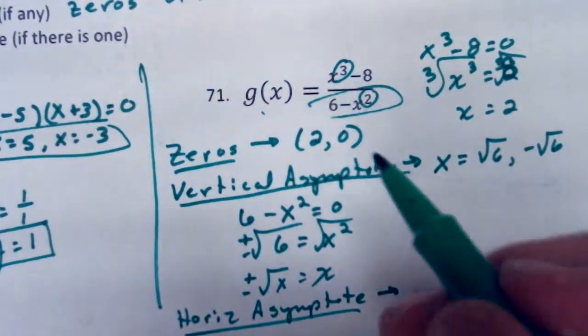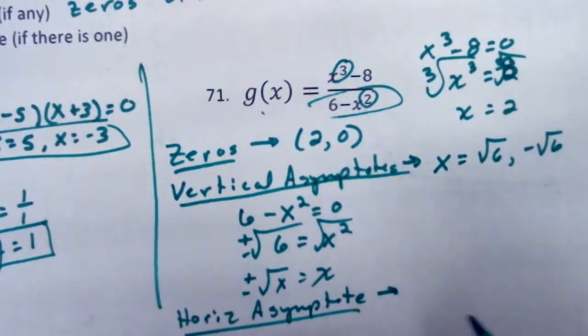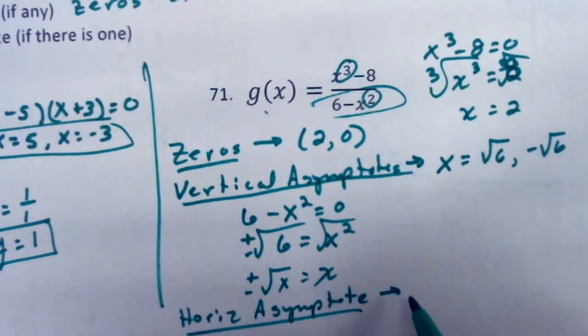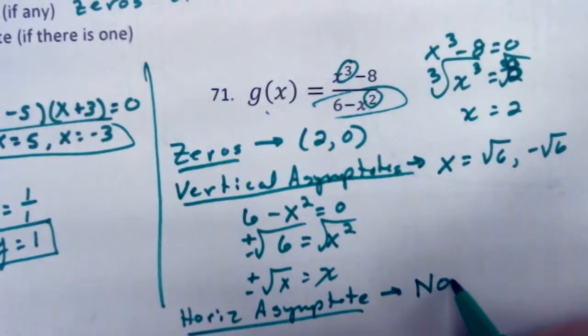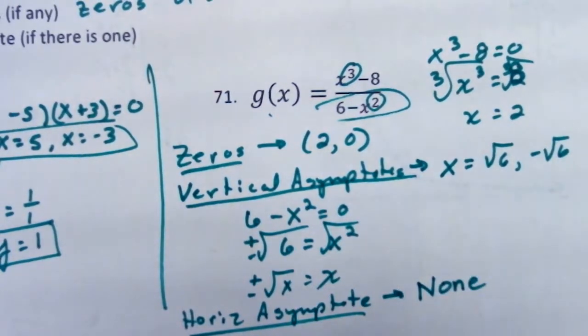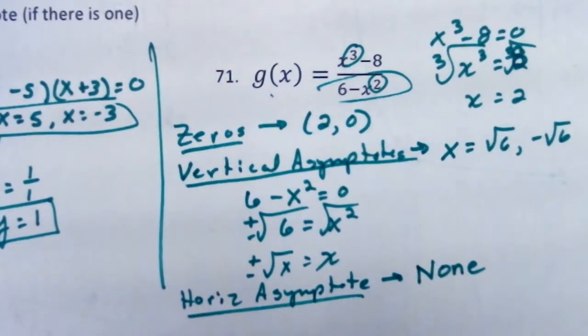If it continues to increase, that means there's no number it gets close to, so there is no horizontal asymptote. So I'm going to put none for horizontal asymptote because the degree of the numerator is larger than the degree of the denominator. So as x gets large, the function will increase without bound.